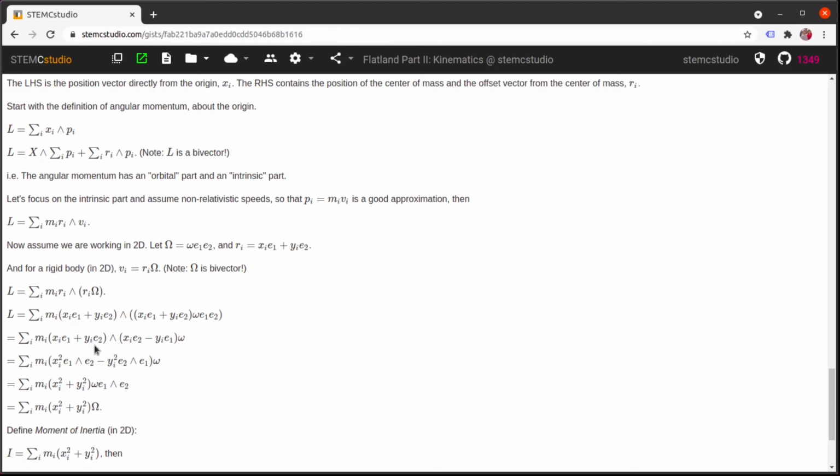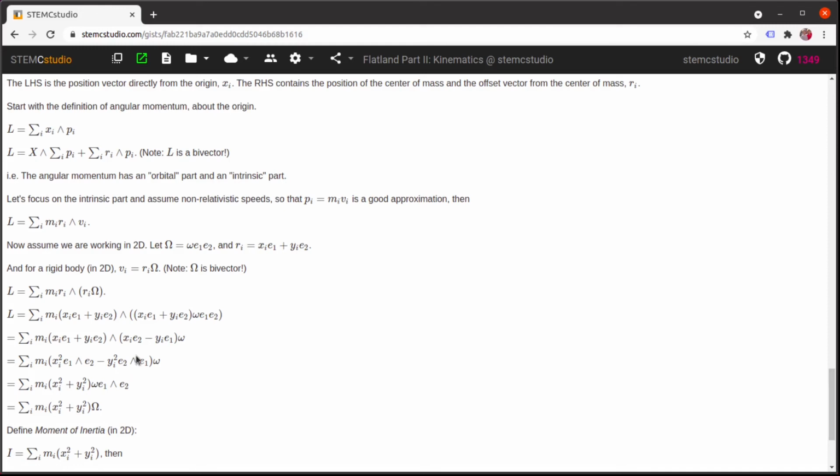And then we've got the last terms, which is yi squared. There's a minus sign, and then there's an e2 wedge e1. So there's minus yi squared e2 wedge e1, and then there's the omega, of course. And now I hope you'll start to recognize that e2 wedge e1 is just the same as minus e1 wedge e2 because that's anti-symmetric.